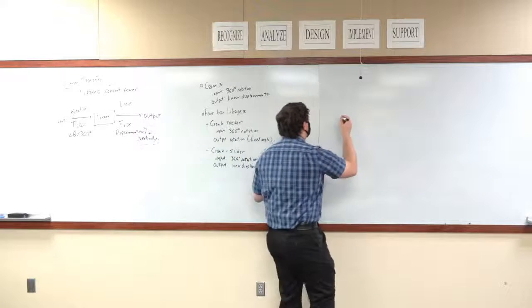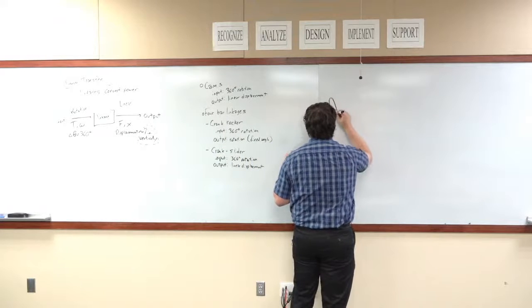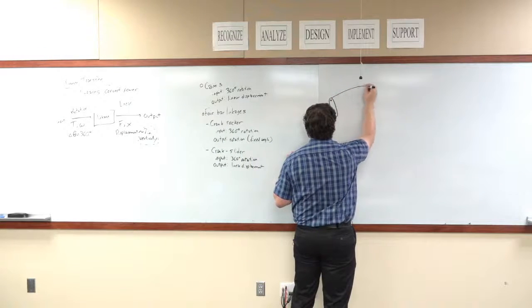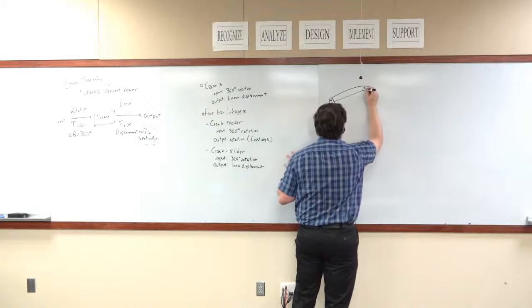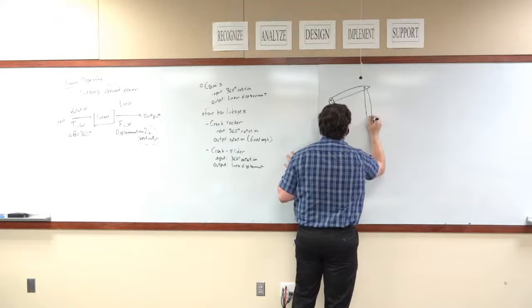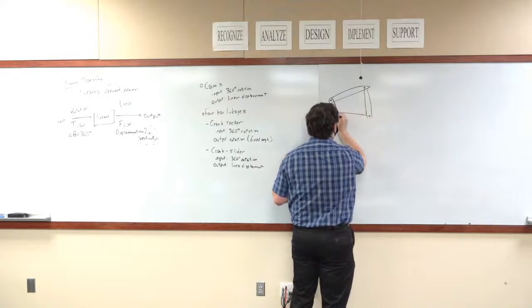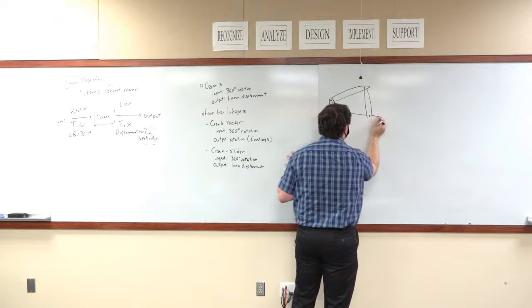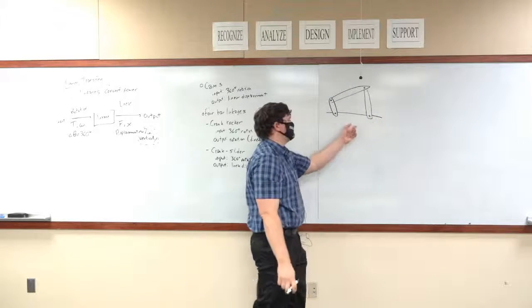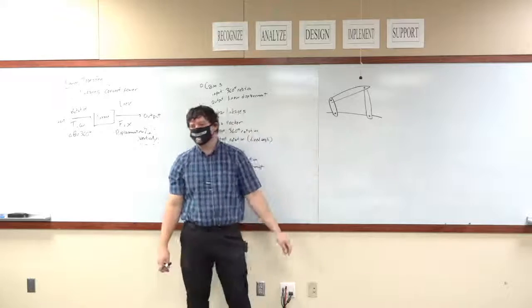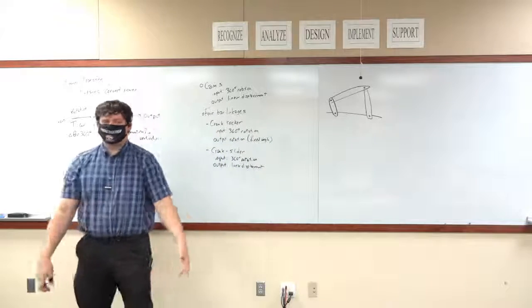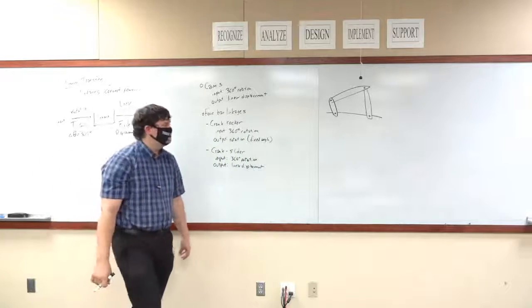So if I draw a crank rocker mechanism, got my coupler, got my rocker, got some kind of a ground linkage, fixed body. Maybe this is the body of a robot, maybe this is a table, maybe this is a wall.